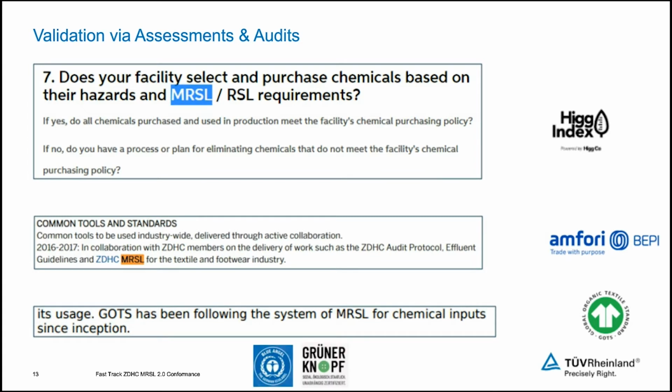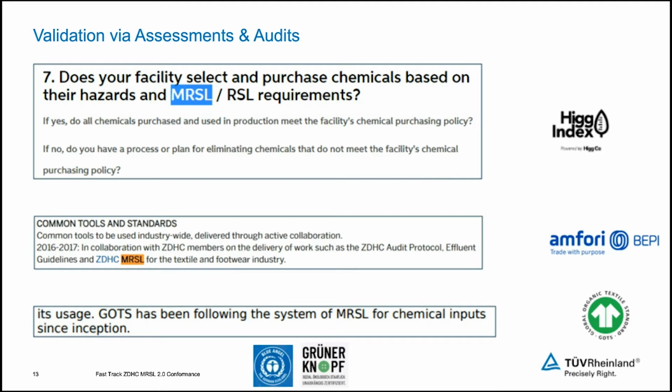What we've seen so far is the customer and the demand side for MRSL conformance from the perspective of brands, eco-labels, and NGOs. That leaves us now with open questions like what exactly has changed with the MRSL 2.0, whether it will change again, who decides the change, and how are these changes evaluated.